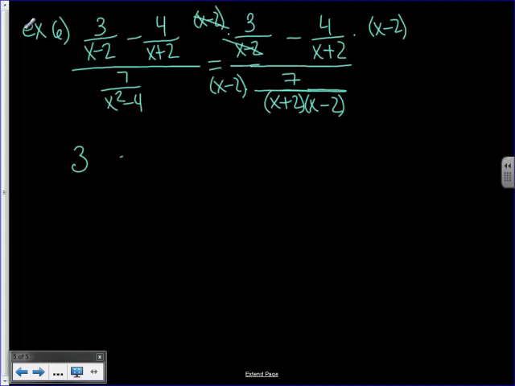Here, nothing cancels, so I have minus 4 times x minus 2 all over x plus 2. Then x minus 2's cancel, and I am left with 7 over x plus 2.